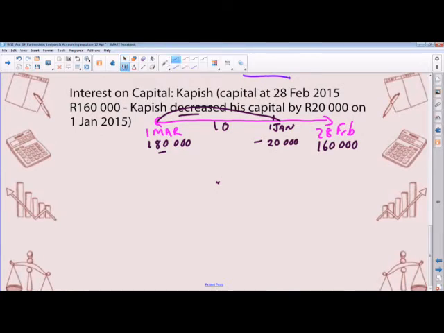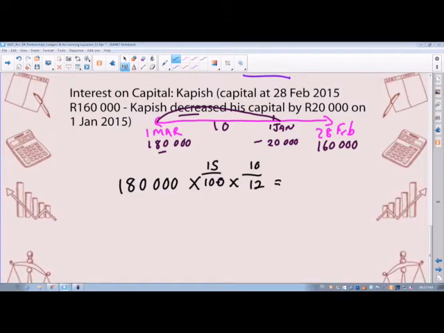Right, so 180,000 times 15% times 10 over 12, and that gives us, let's get the calculator out again.